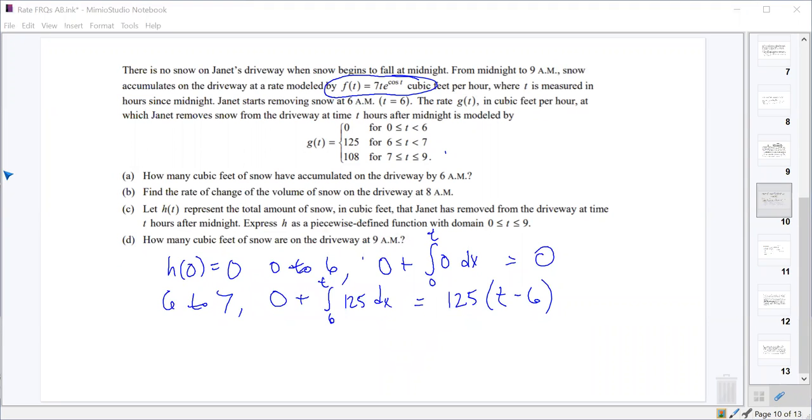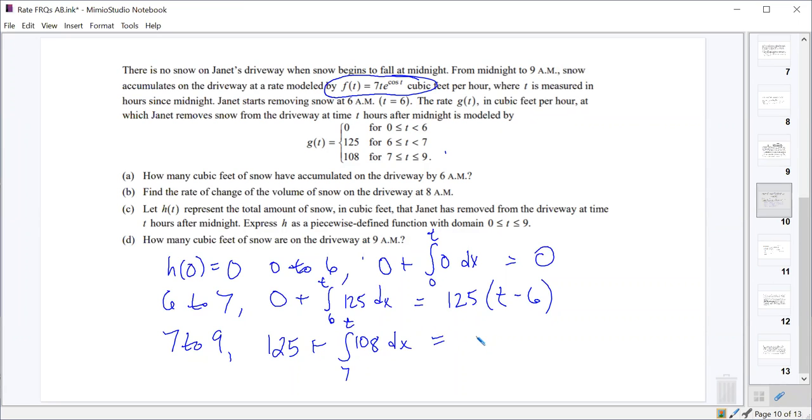Okay. And then from 7 to 9, the amount that has been removed is the amount that was removed in the first 7 hours. So h of 7 would just be 125. And then now plus an integral from 7 to t of the rate at which it's being removed, and that's 108.